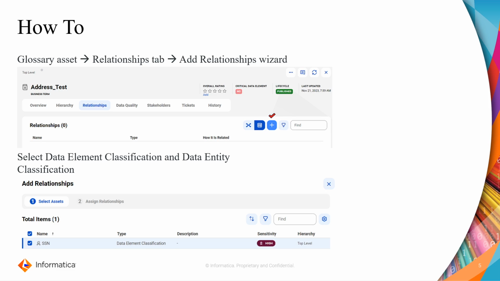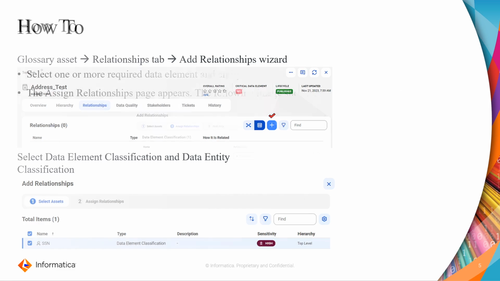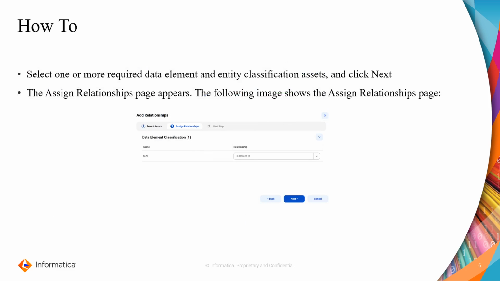From the wizard, select data element classification and data entity classifications. Select one or more required and click on next. The assign relationships page appears. The following image shows the assign relationships page. Currently, we only have is related to relationships.